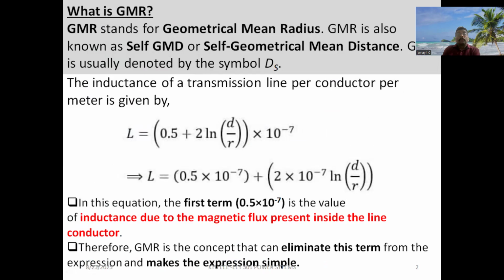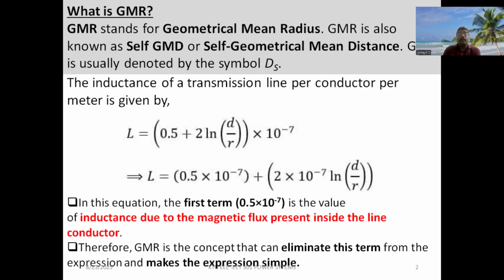The expansion of GMR is geometrical mean radius. This GMR is also known as self-GMD or self geometrical mean distance. Both are the same, and it is represented by the symbol Ds.